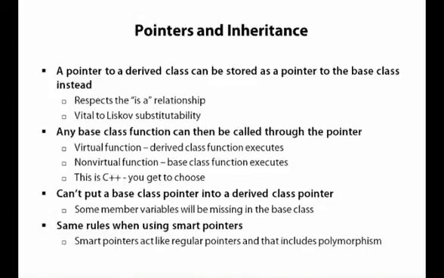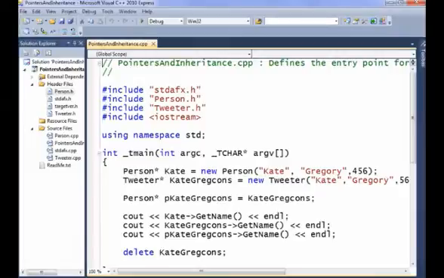Let's use the person and tweeter hierarchy again. Here I have a very simple console app that's going to create some pointers to person objects and tweeter objects, and it's going to make a bunch of method calls on those pointers. There are a lot of different versions of person kicking around depending on what I want to demonstrate.